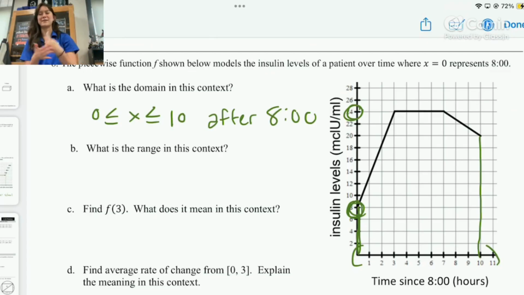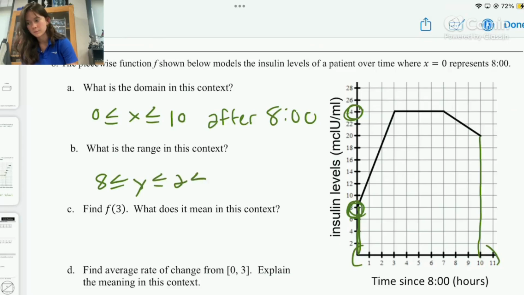So, well, it goes lower, but not at that certain point. So it would be 8 is less than or equal to y is less than or equal to 24.